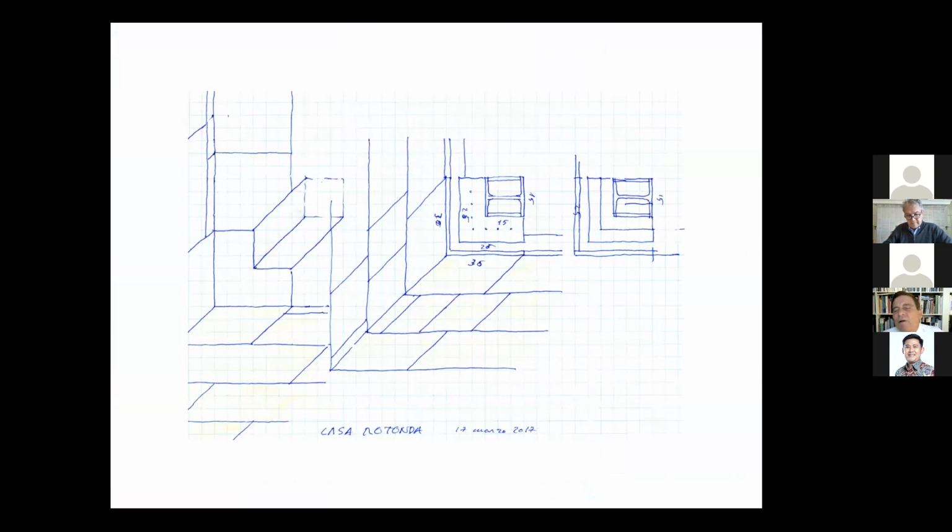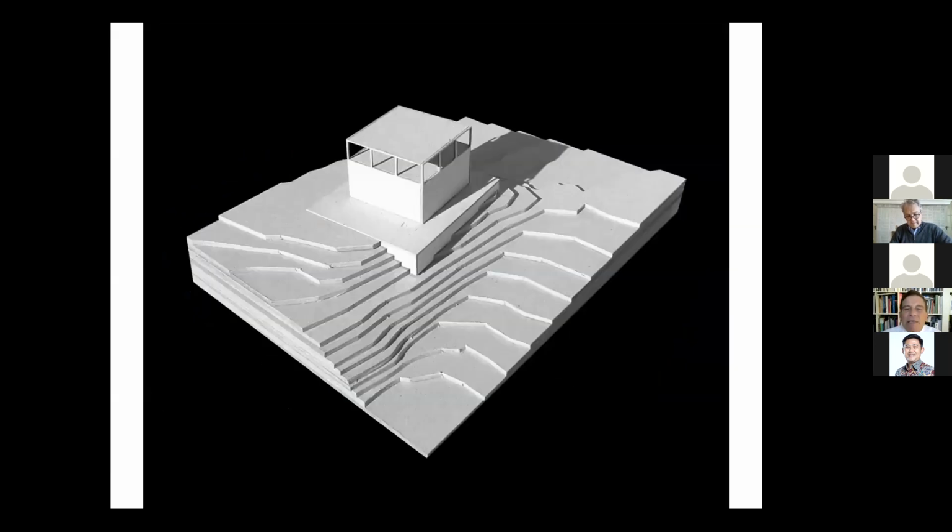I like to show not only other types of plans, but also my sketches, to demonstrate that we are analyzing every detail. Models. Sometimes they say, "Alberto, you are making a lot of models, but haven't you discovered renders?"